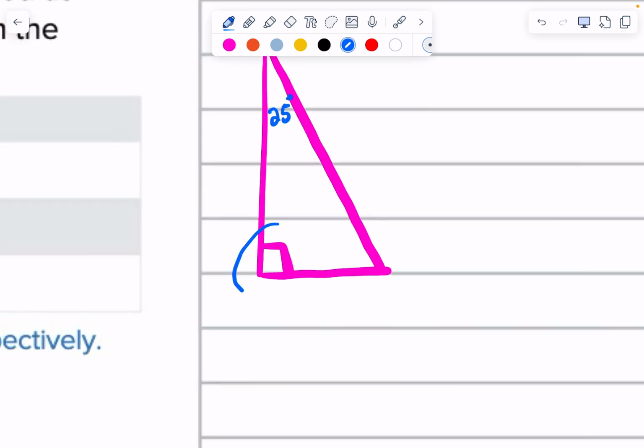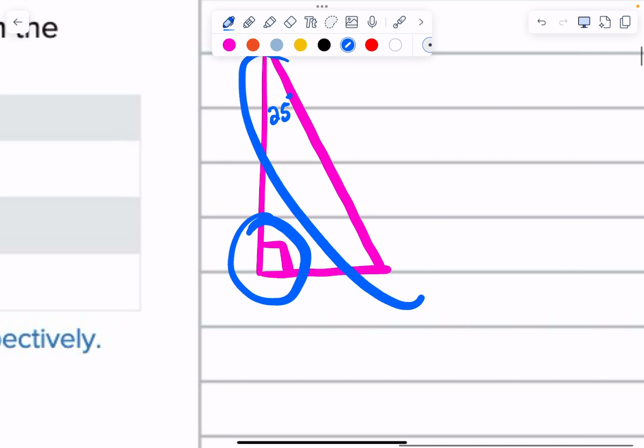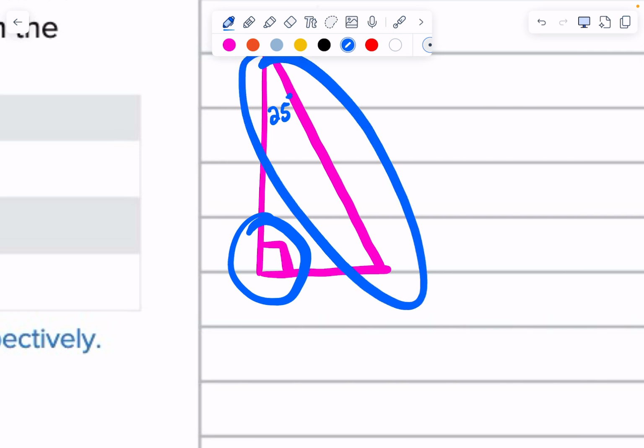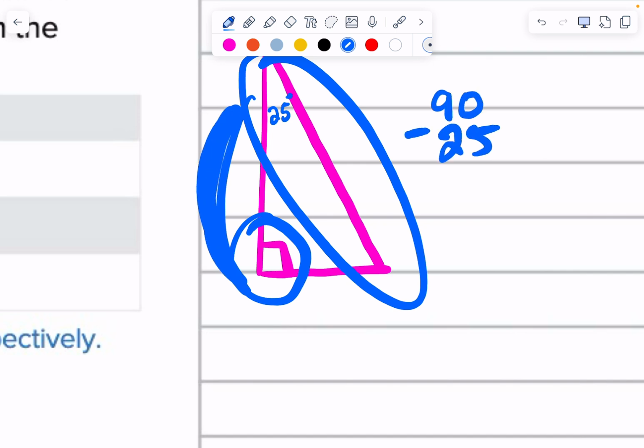So I could take 90 plus 25 and then subtract from 180, right? But if this guy is 90, these two add up to be the other 90, right, to make 180. So rather than adding these two together and subtracting from 180, let's just take 90 minus 25 to find the other one. Can we do that? It's 65 degrees. That's another shortcut, okay?